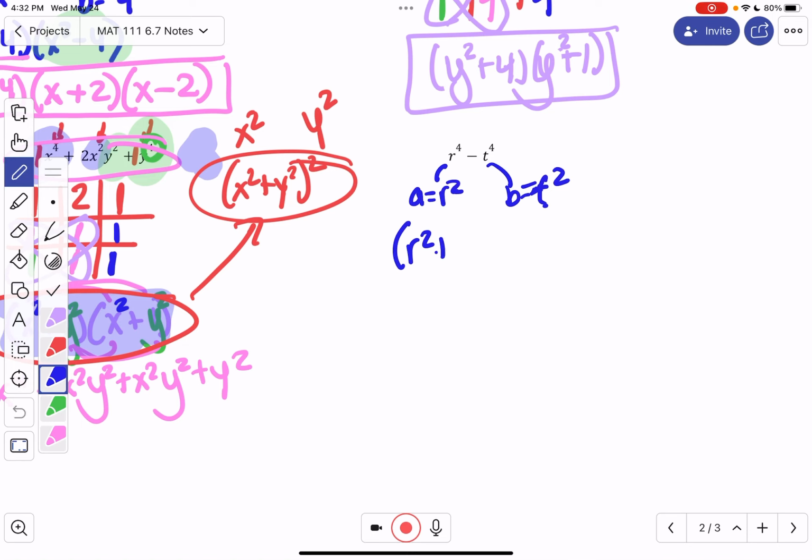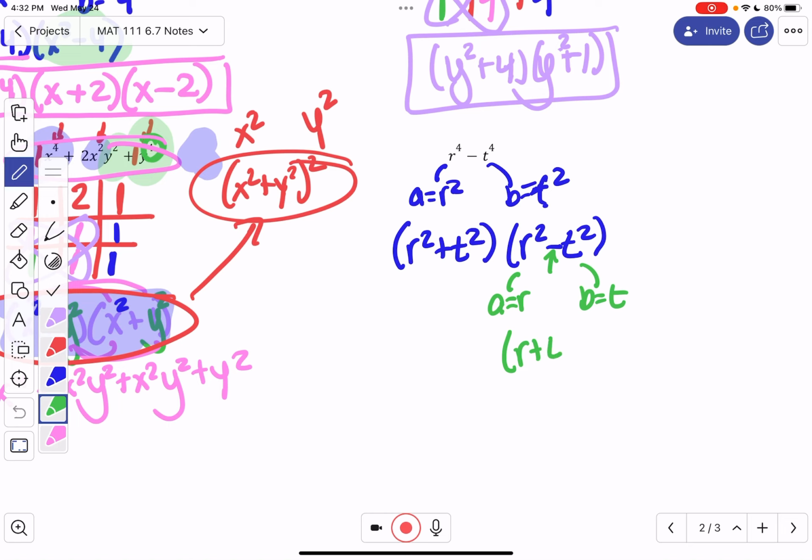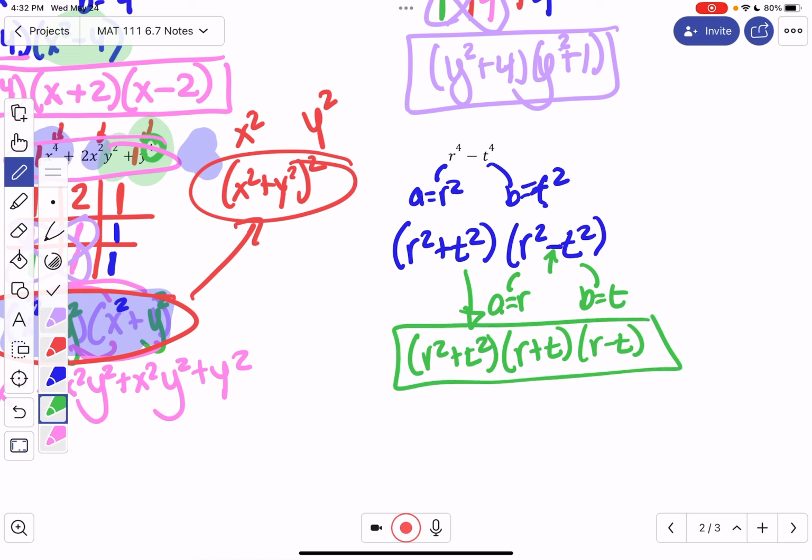So I would write r squared plus t squared and r squared minus t squared. Now the first one has a plus, so that's as far as we go. The second one has a minus though, so we have another difference of squares. So a would be r, b would be t, so we have r plus t, r minus t, and then bring this one down, and now we have factored completely.